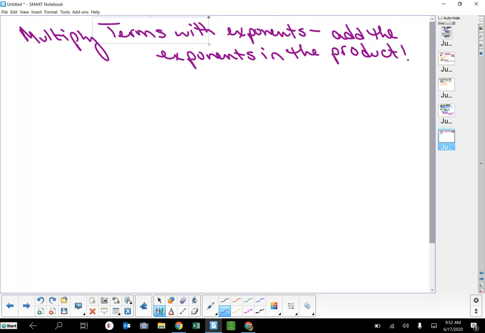Okay, for example, if you have 3x squared times 4x to the third, you multiply your coefficients, but you add your exponents. So we'd have 12x to the fifth, right?